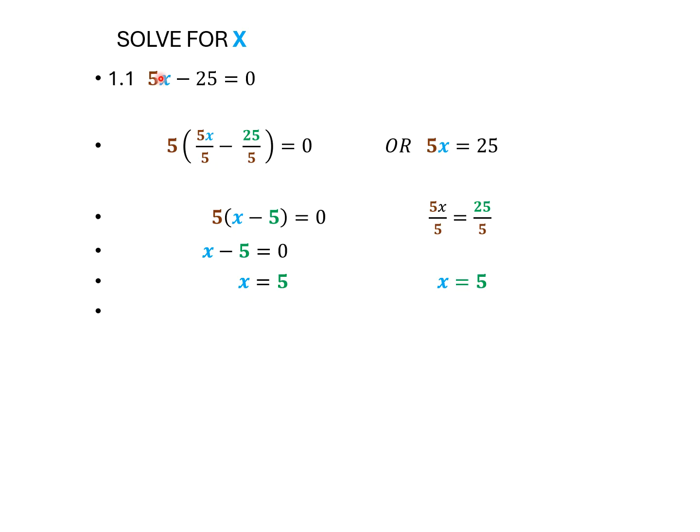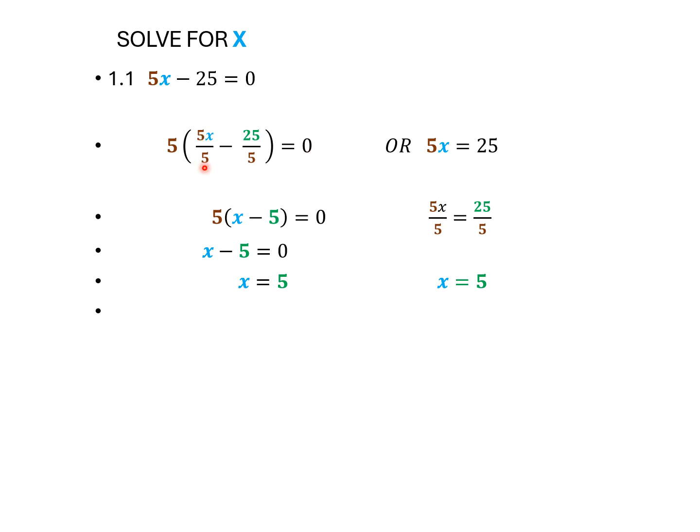So there I can say, if I take out 5 as a common factor, then it becomes 5x divided by 5, minus 25 divided by 5. So this is what we mean when we say take out a common factor equal to 0. Let me do one at a time. Right, so there you understand now I've taken out 5.